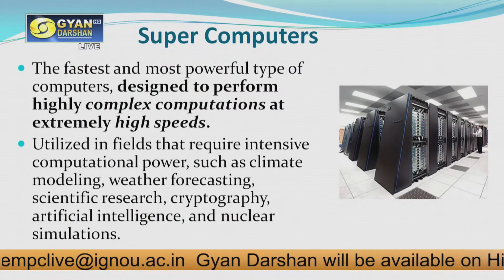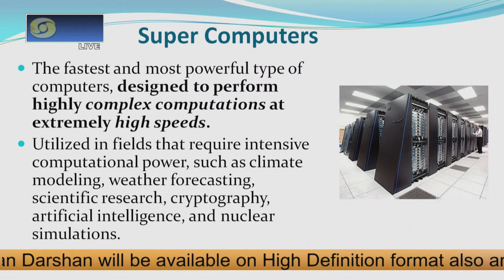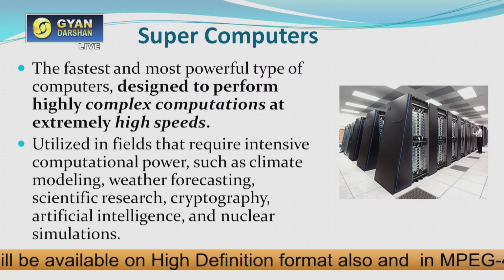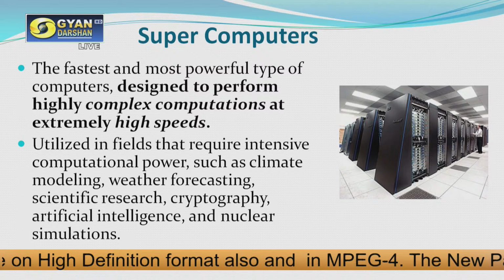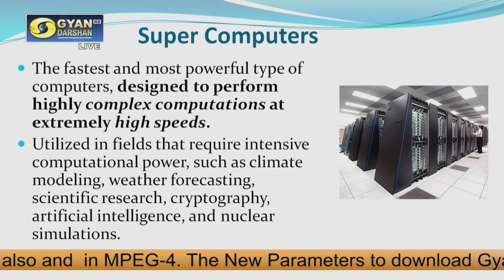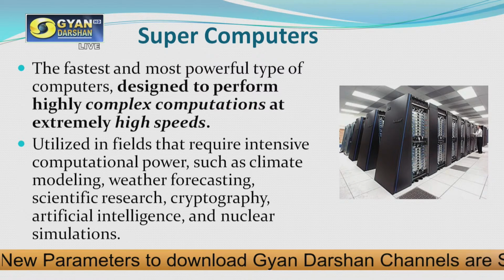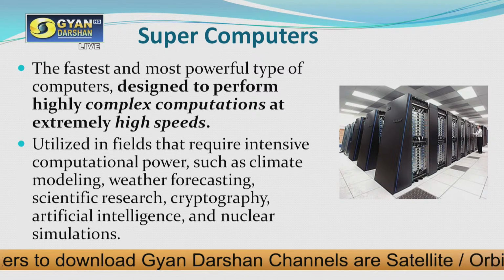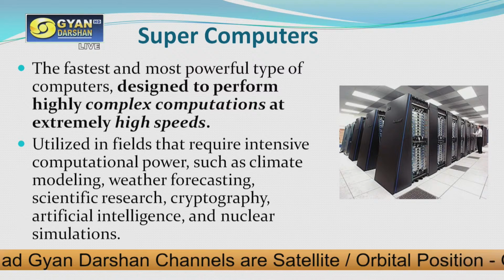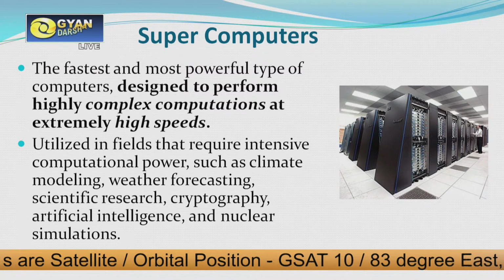Then apart from these, the highest in this particular category is the supercomputers. They are the fastest and most powerful type of computers, designed to perform highly complex computations at extremely high speeds. These are the supercomputers. If you want to do climate modeling, weather forecasting, scientific research, cryptography, AI applications, nuclear simulations and other such things, we use the supercomputers.